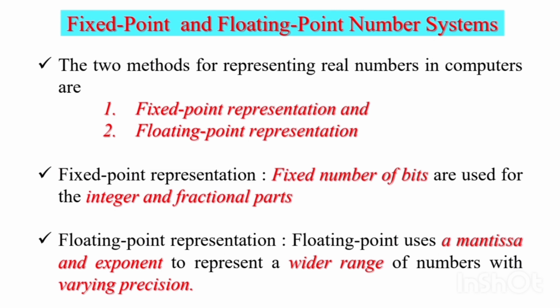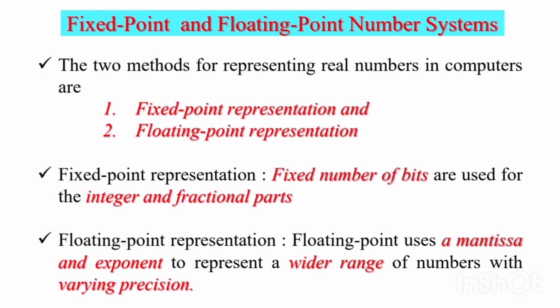Fixed point representation means a fixed number of bits are used for the integer part and the fractional part. A real number has an integer part and a fractional part. The radix point or binary point is fixed, and this type of representation is known as fixed point representation.